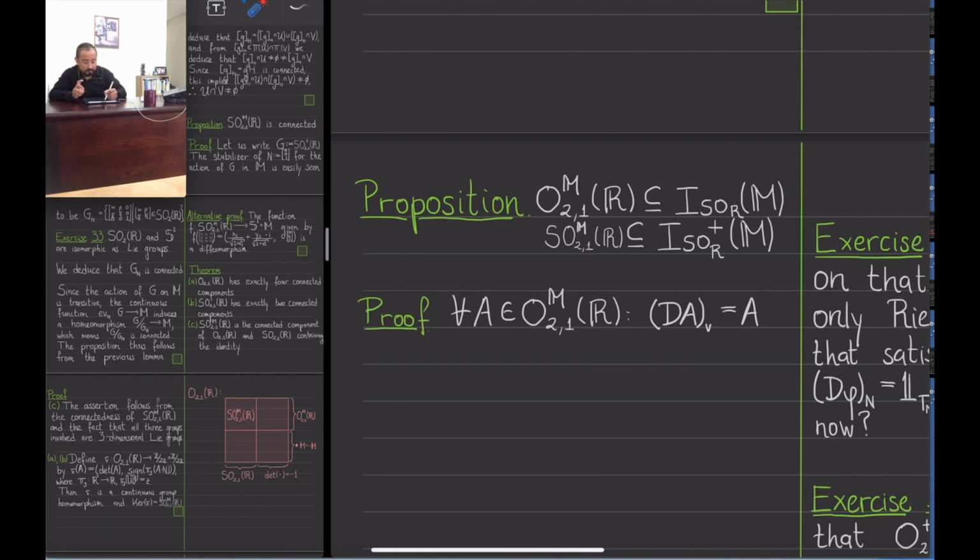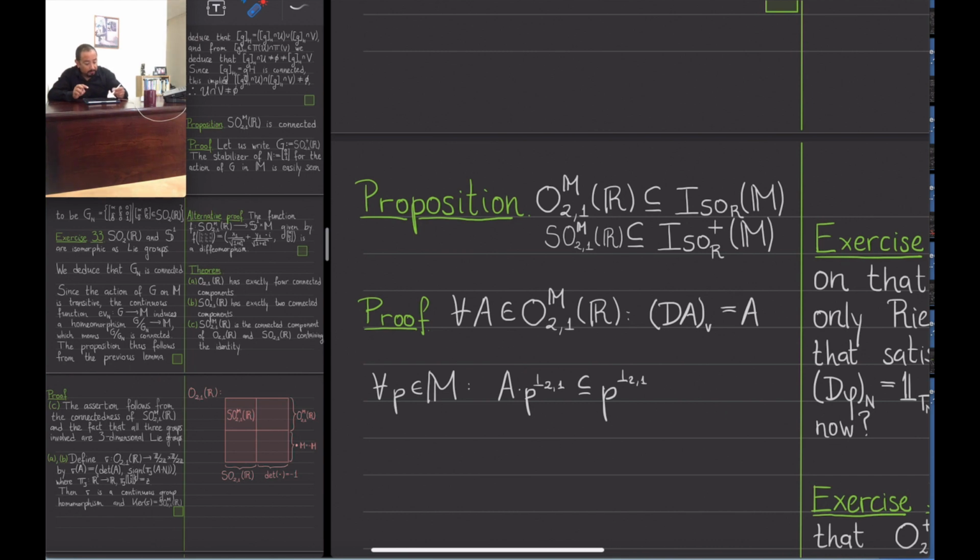So okay, and if you give me P in M, since A takes M onto M bijectively, A takes the Minkowski orthogonal, actually, we have equality.